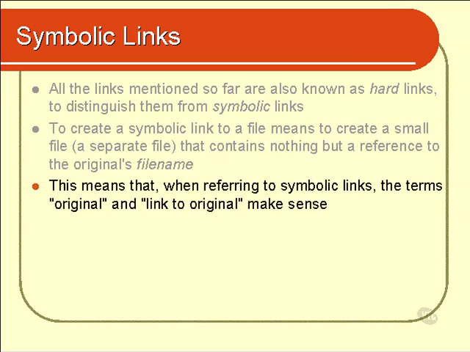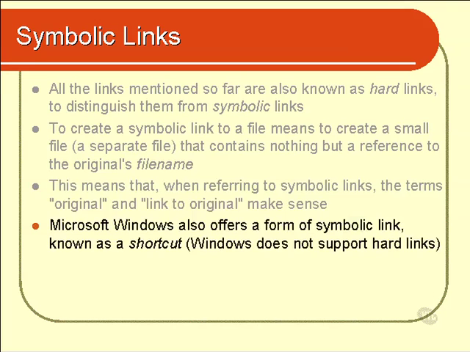Here's something else that may clarify it for you. Microsoft Windows also has the concept of a symbolic link. However, Windows does not have any concept of a hard link. When Microsoft Windows talks about symbolic links, they don't use the term symbolic links, of course. Instead, they use the term shortcut. Now, if you don't know what a shortcut is in Windows, you probably use them all the time.